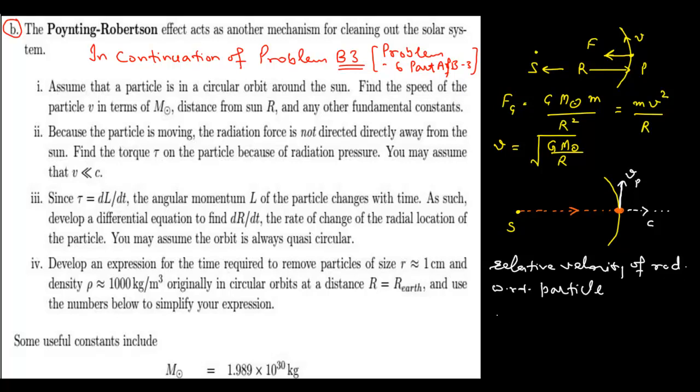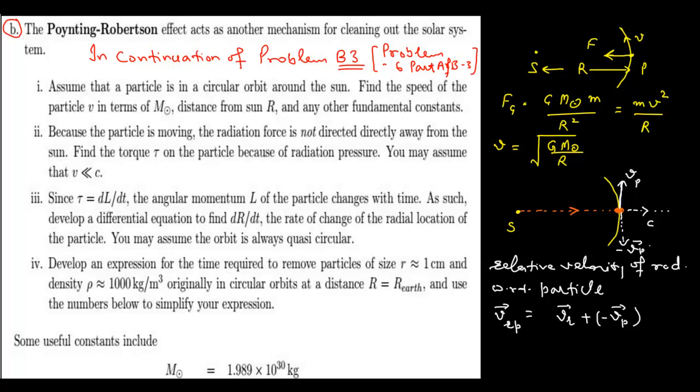Clear? We have to look out for the direction of relative velocity of radiation with respect to particle, and we can write mathematically this situation as VRP, and that is equal to VR minus Vp. Now where is this minus Vp? So the minus Vp will be in this direction, so this is minus Vp.